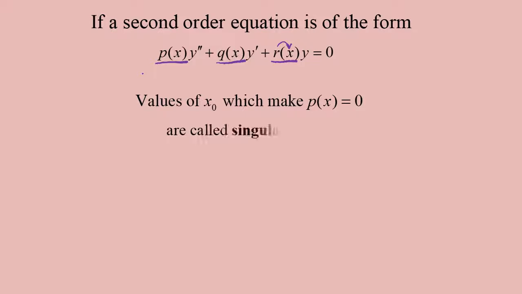We're going to start by simply recognizing that in order for us to even have a second order differential equation, the coefficient of the y double prime should not be 0. If it is 0, we refer to the values of x that make that happen as singular points.